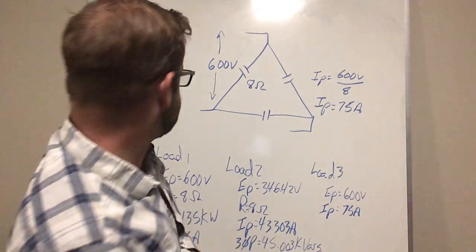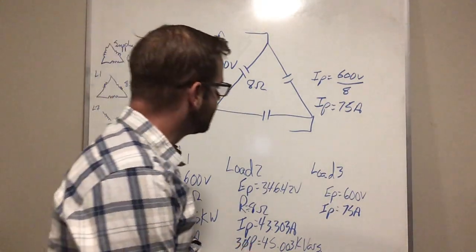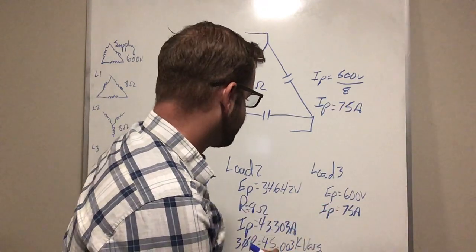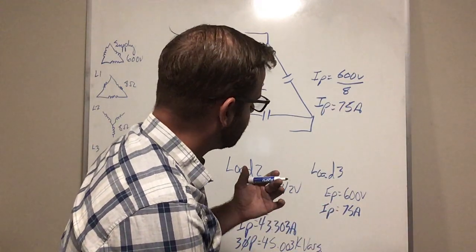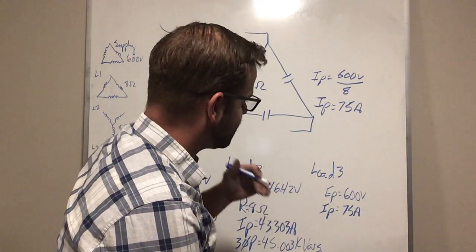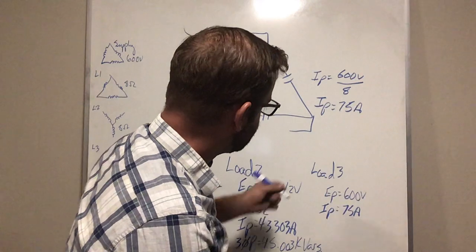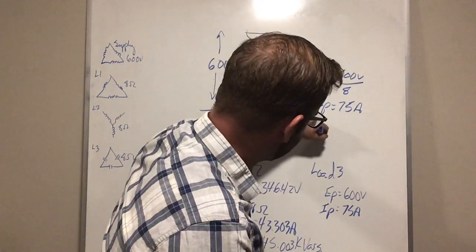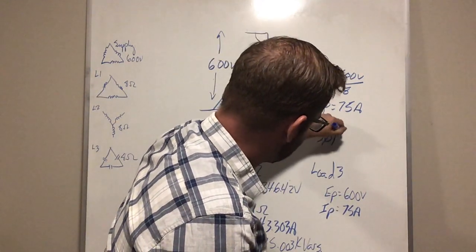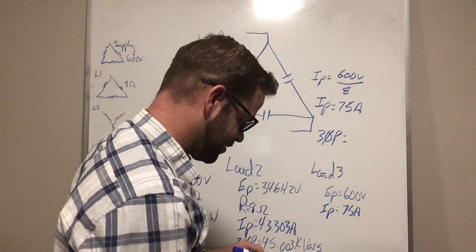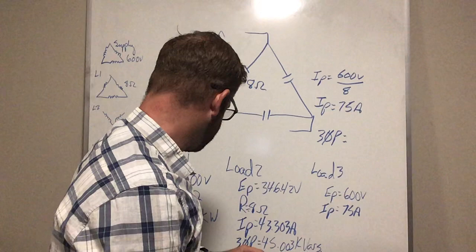And I'm sure you can see where this is going with the ohmic values being the same. If our ohmic values are the same and the voltages are the same, then that means that the powers are all the same. So we know that our 3-phase power is going to be 135 kilowatts capacitive.